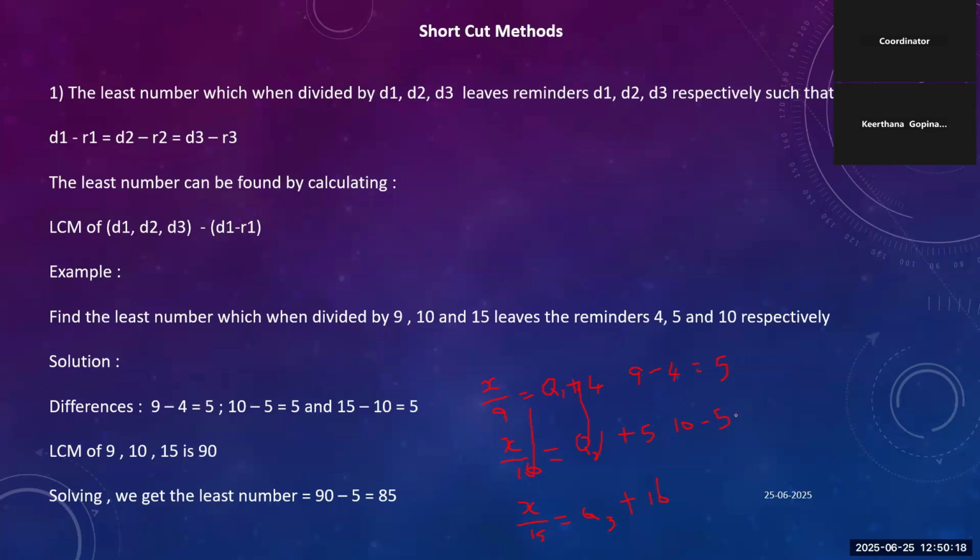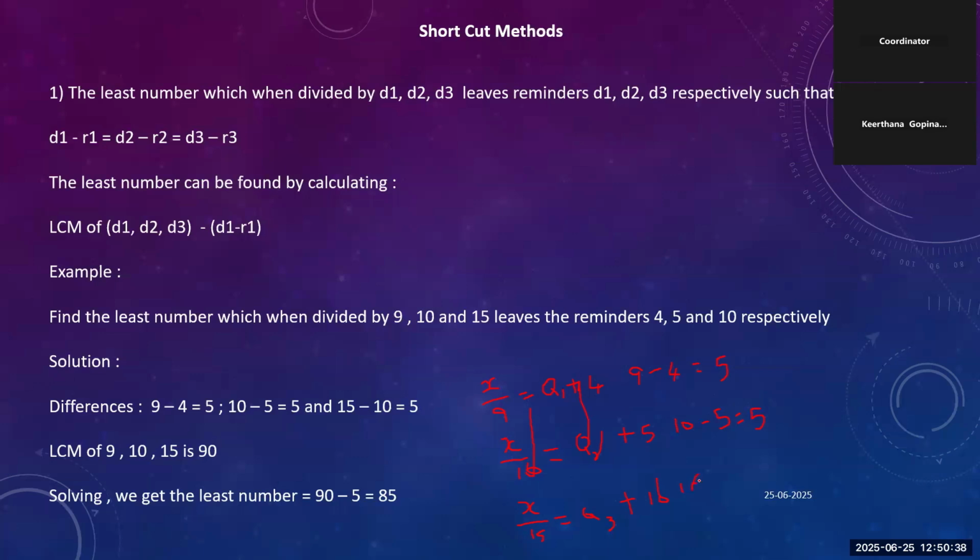In all of these equations, the divisor minus remainder is equal. The third equation, we are dividing by 15 and the remainder is 10. So 15 minus 10 is 5.